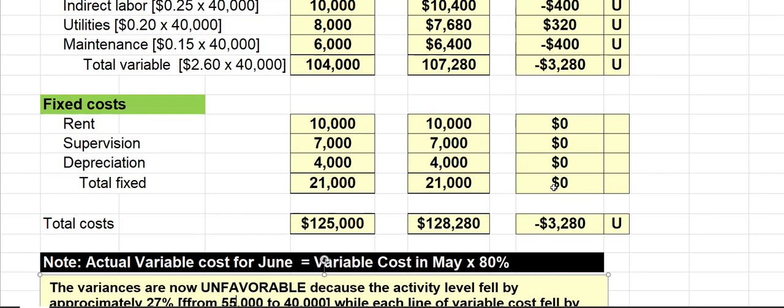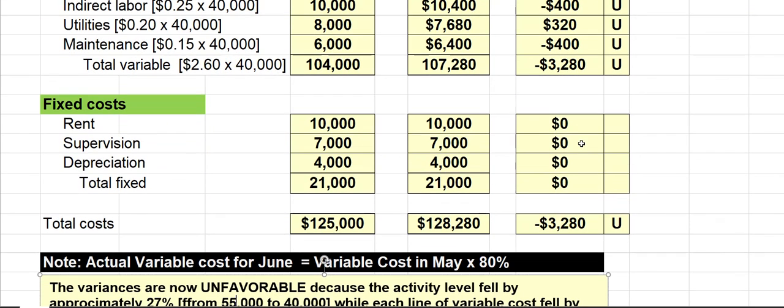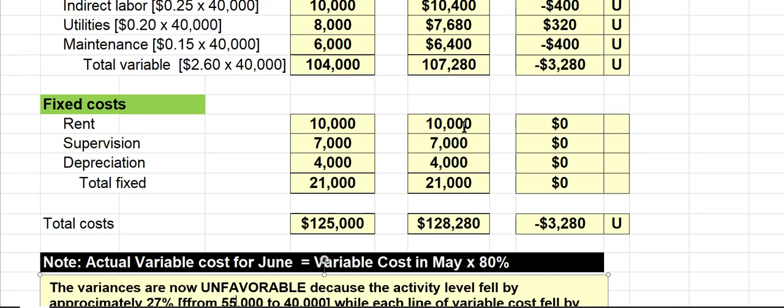And so I am not surprised, you should not be either, that in each case we saw an unfavorable budget variance, and essentially that budget variance is due to a price being the issue.